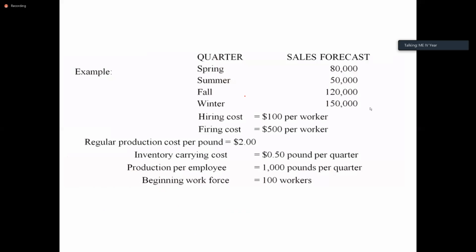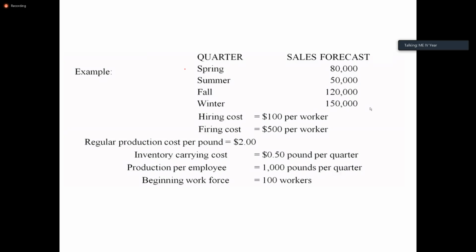Let's take one example and briefly understand how those three strategies work: constant workforce, subcontracting, and hiring and firing. Among these three plans, which plan is suitable from our input data? Whichever comes to minimum amount, we can take that plan and inform the company to go ahead with it so that they will save some money.